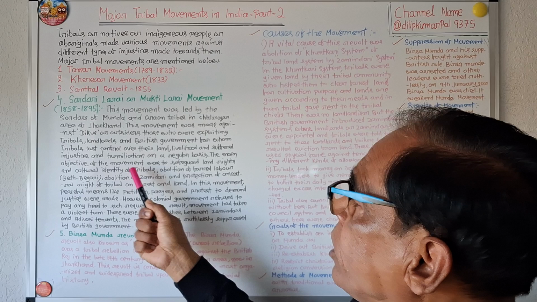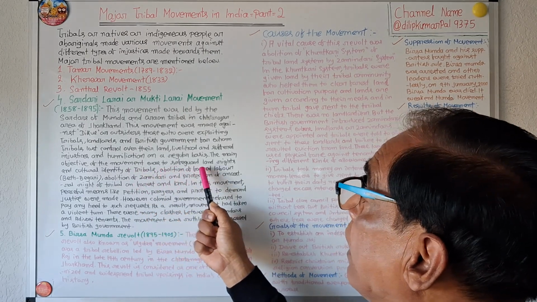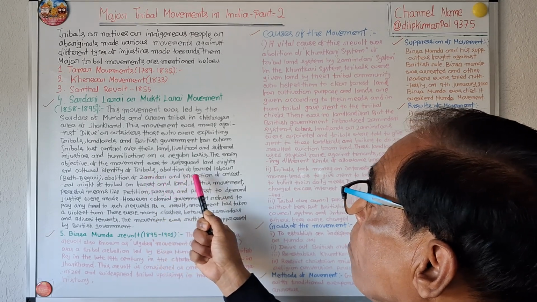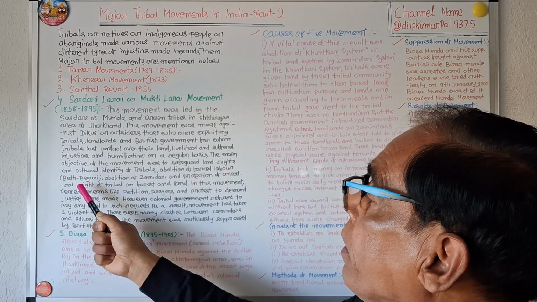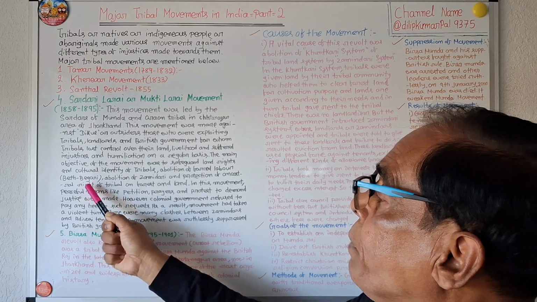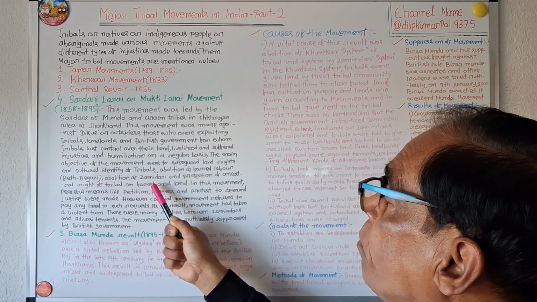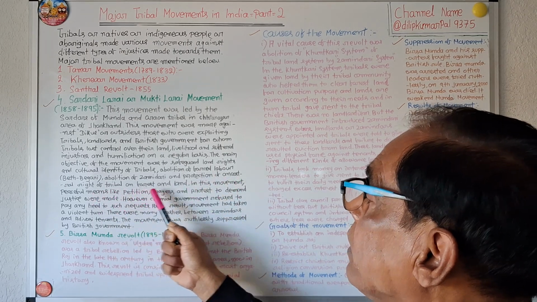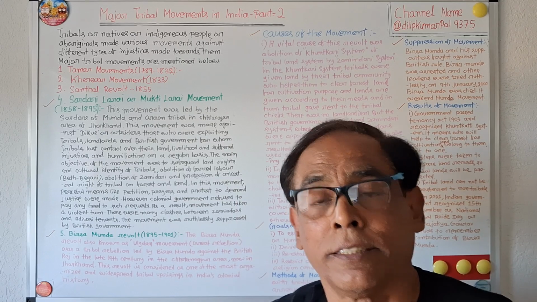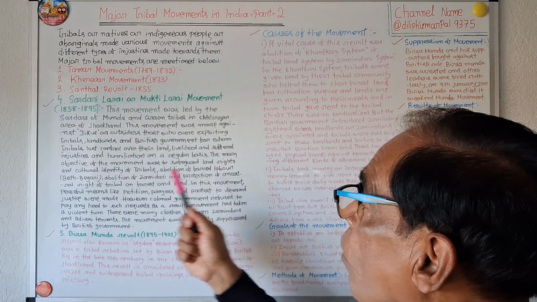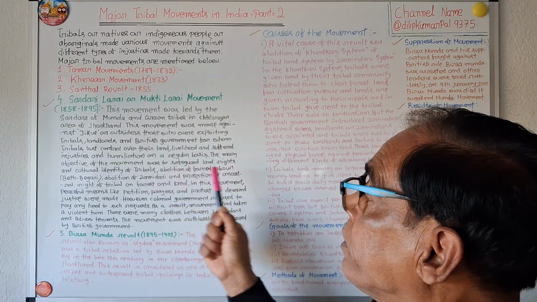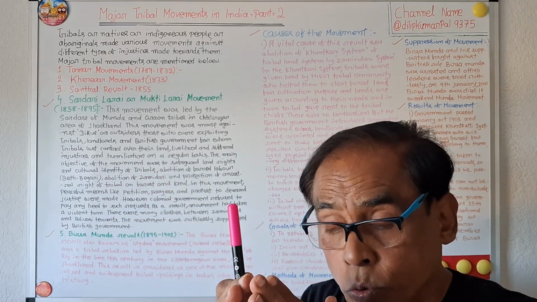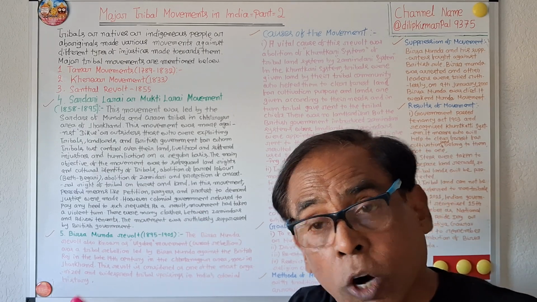The main objective of this movement was to safeguard land rights and cultural identity of tribals, abolition of forced labor, Beth Begari, B-E-T-H, B-E-G-A-R-I, abolition of Jomidari system, and protection of ancestral right of tribals on forest and land.